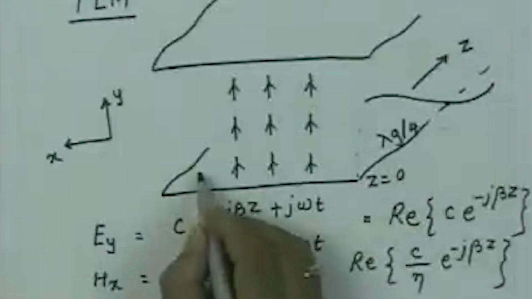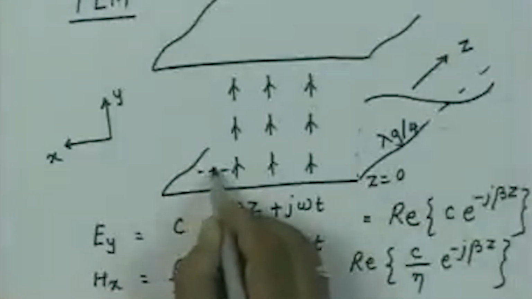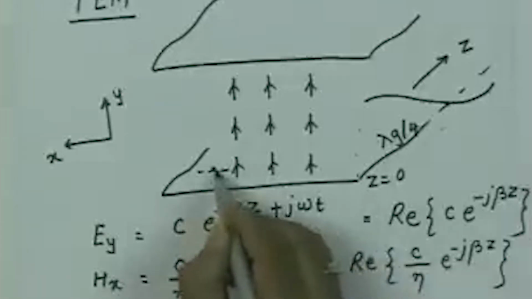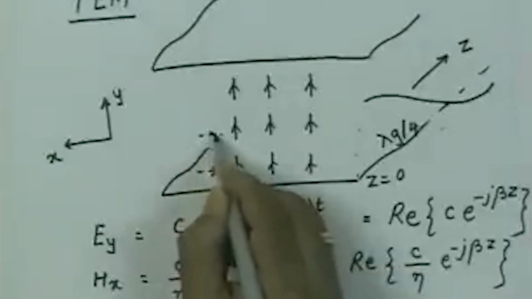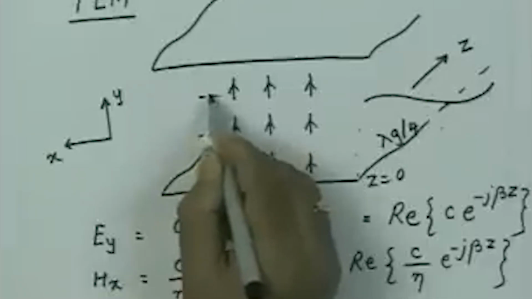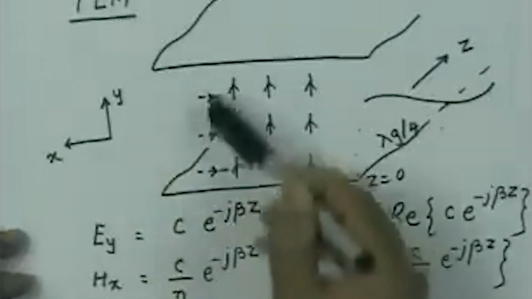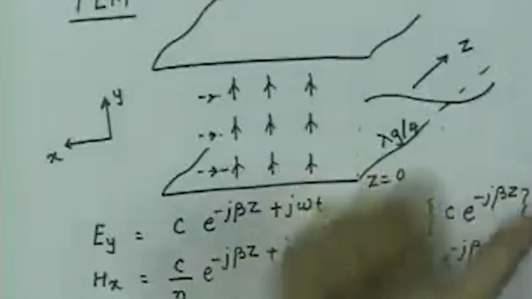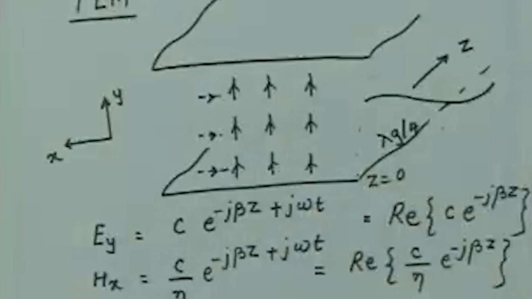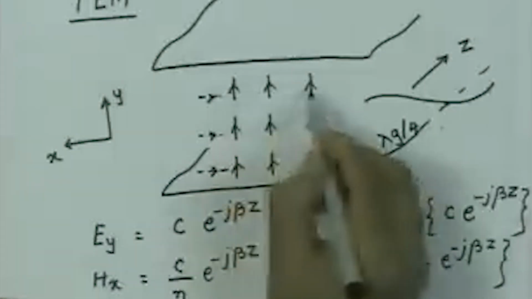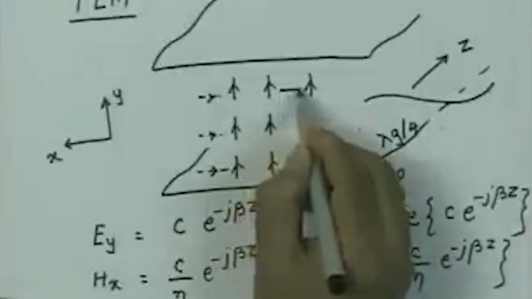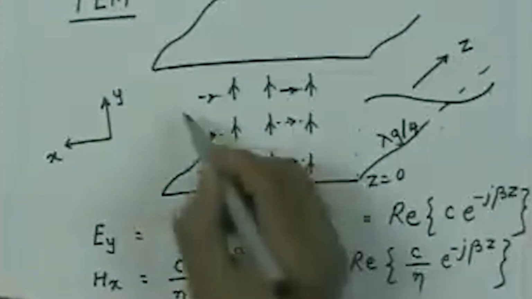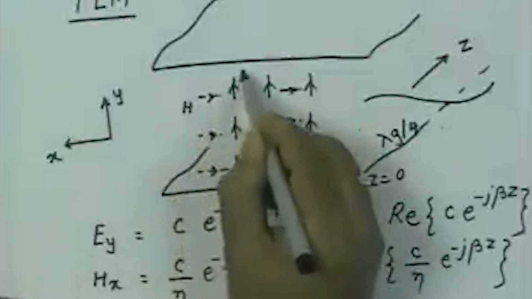This is the direction of the magnetic field, taken appropriately so that E cross H gives me the power flow in this direction. So, this is the magnetic field which is everywhere distributed. This is my H vectors and this is my E vectors.